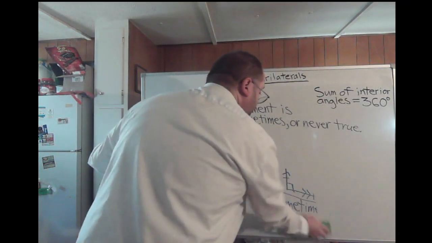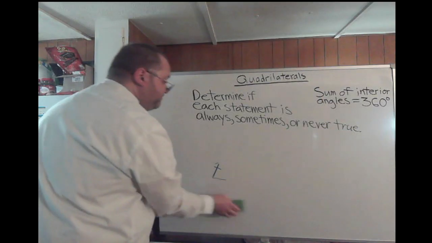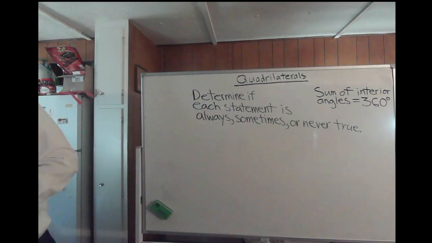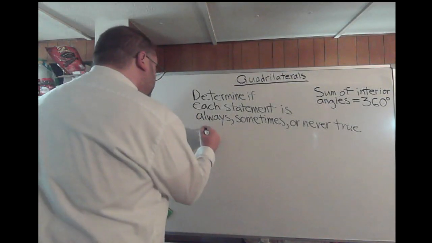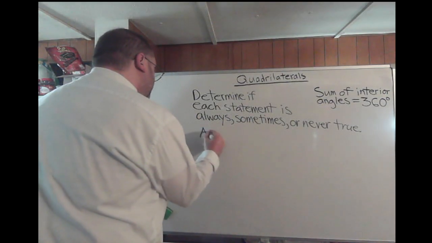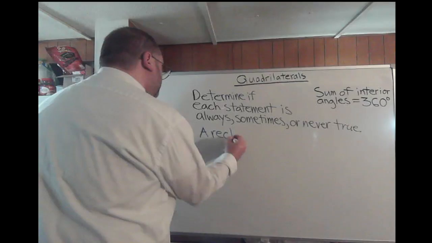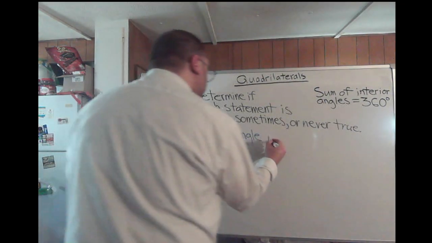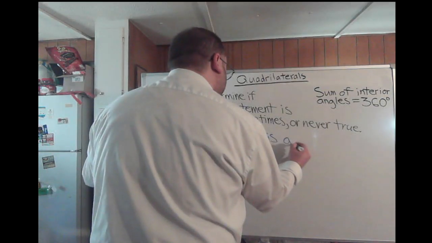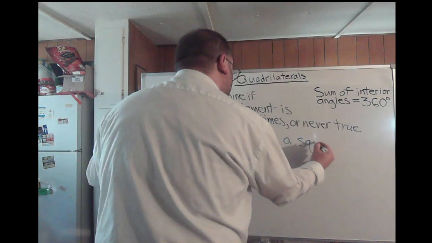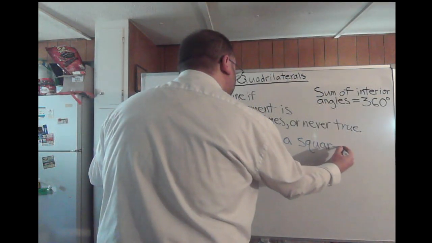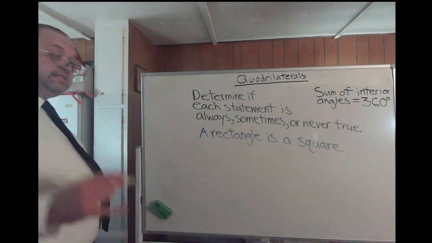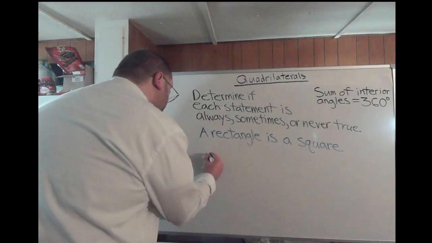Alright, we got 2 more statements to work through here. Alright, what's the third statement? A rectangle is a square. A rectangle is a square. Well, once again, let's do a drawing of each.